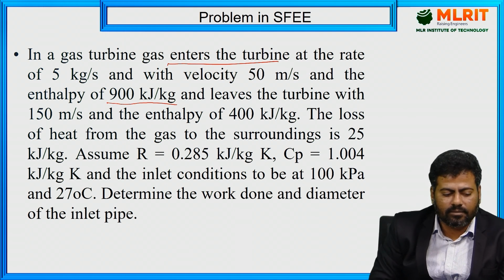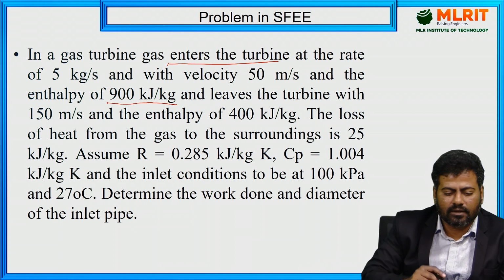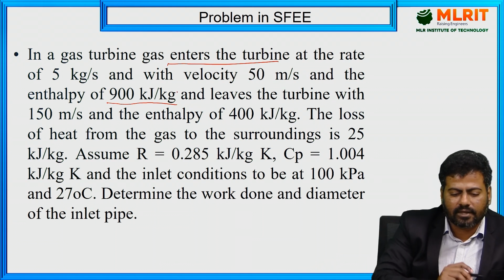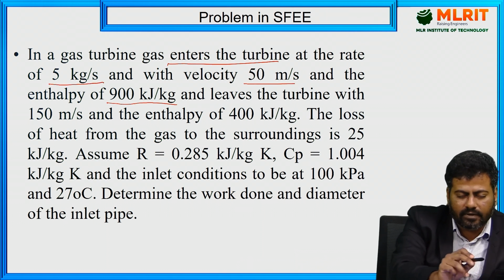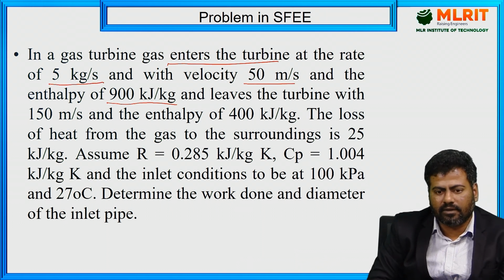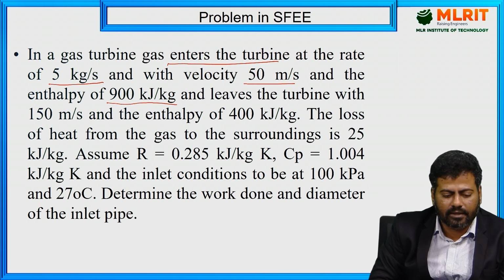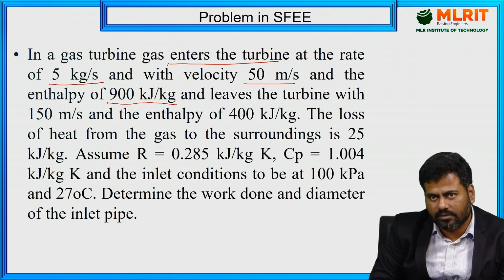And the gas leaves the turbine. So these are the entering conditions they have given: velocity, mass flow rate, and enthalpy. The gas leaves the turbine with 150 meter per second. In the turbine, the expansion process takes place.